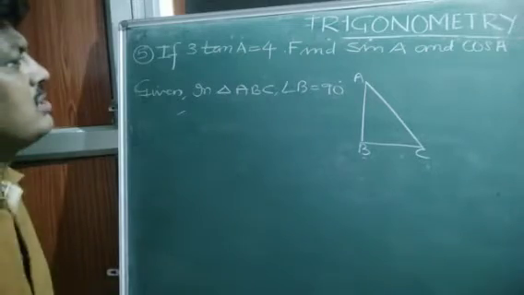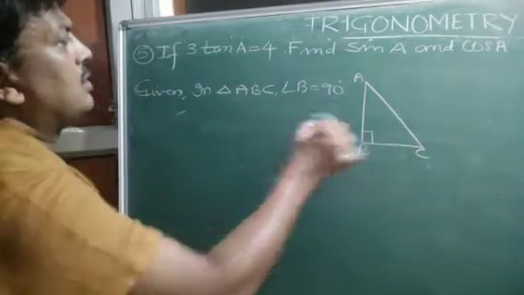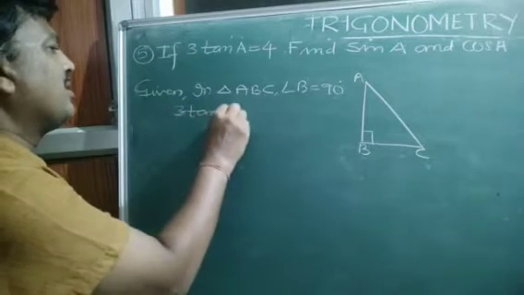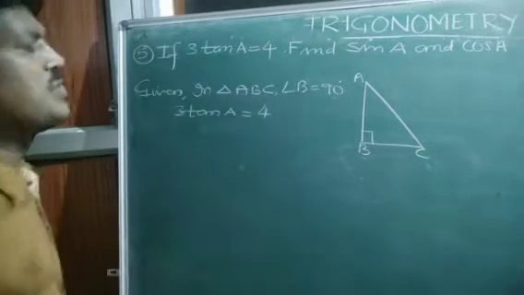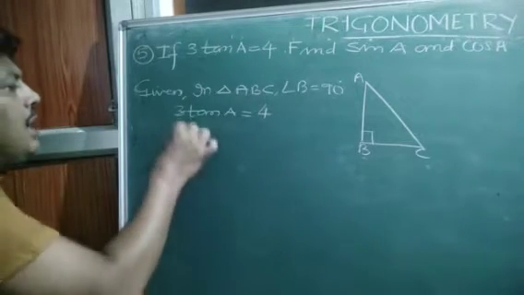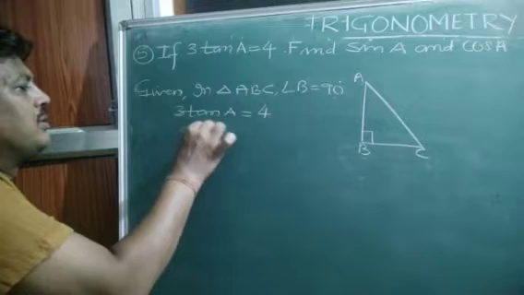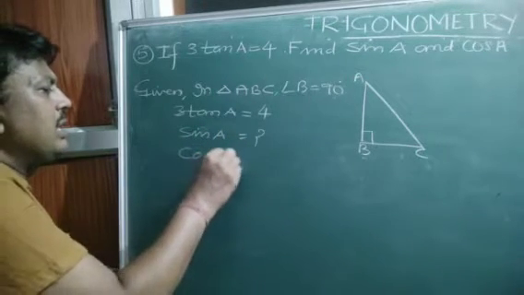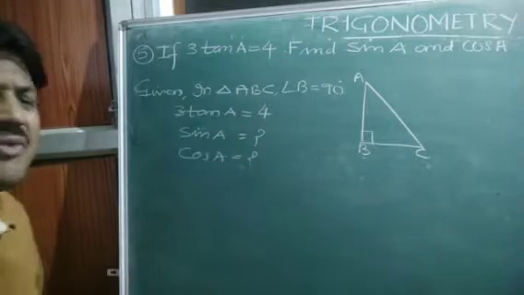Okay. So what is given? 3 tan A is equal to 4, children. 3 tan A is equal to 4. And sin A is equal to, you have to find out. Cos A is equal to, also you have to find out, children.